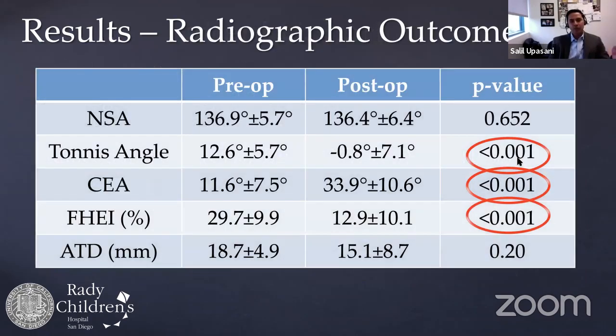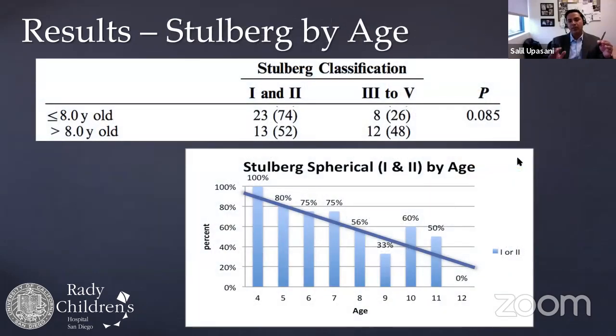So obviously after the triple, you see some significant radiographic changes, but we wanted to look at these, mostly Dr. Wenger's patients, some of my patients, done for various indications over time. And you can see how age doesn't really have an effect on the Stulberg classification when they're all treated with the triple.